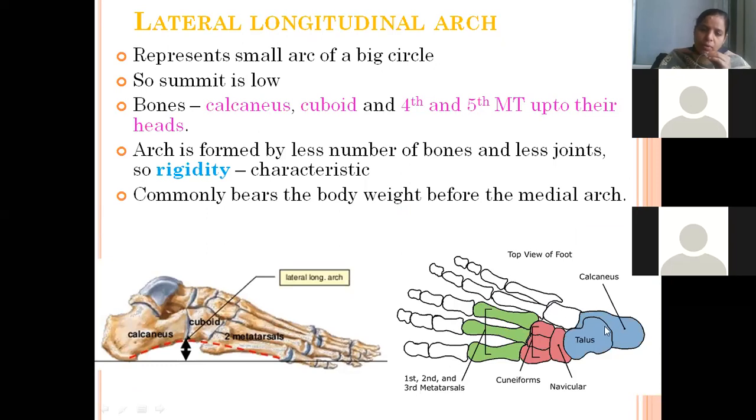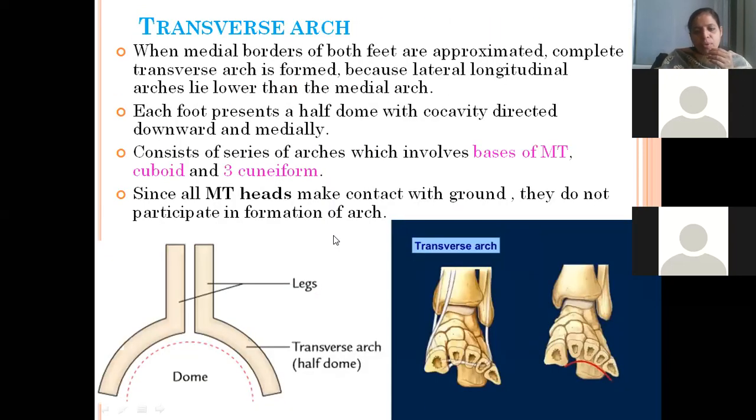This view will help us understand better. So at the heads of the metatarsal bones we have the anterior transverse arch, and at the bases we have this line, the posterior transverse arch. The other view will have a little confusion. Hope you understood the transverse arches. So when the medial borders of both feet are approximated, a complete transverse arch is formed.